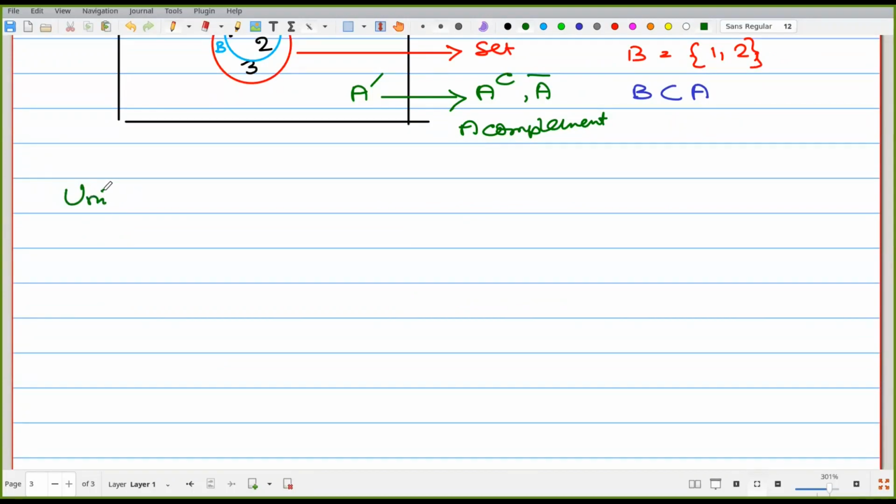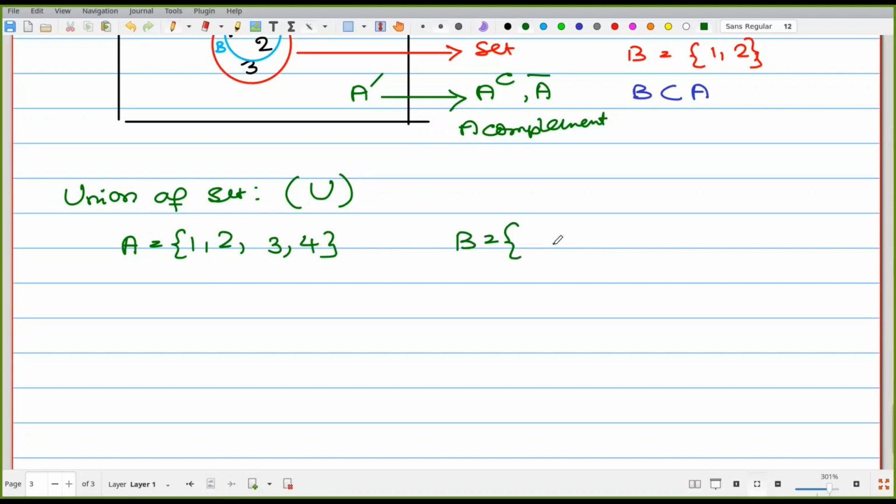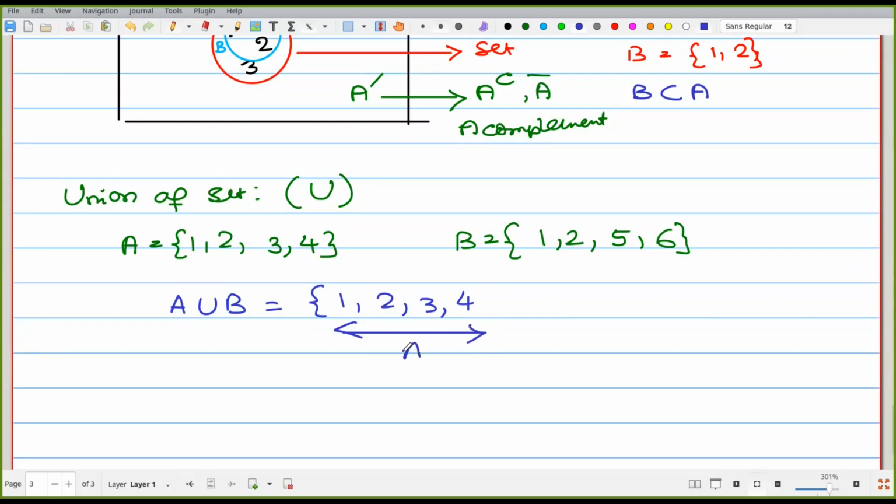The first one is called the union of sets, written with the capital U. If we have A is equal to {1, 2, 3, 4} and B is equal to {1, 2, 5, 6}, then A union B is 1, 2, 3, 4, those from set A, then 1, 2, 5, 6, those from set B. But here we have 1 and 2 appearing two times.